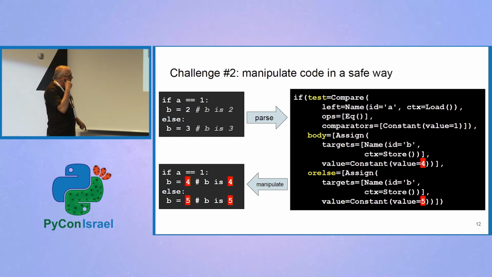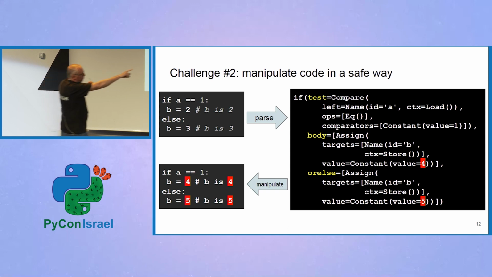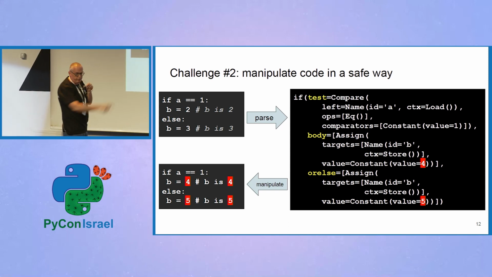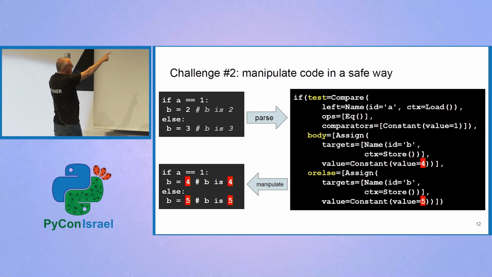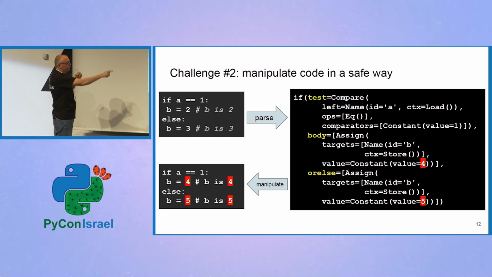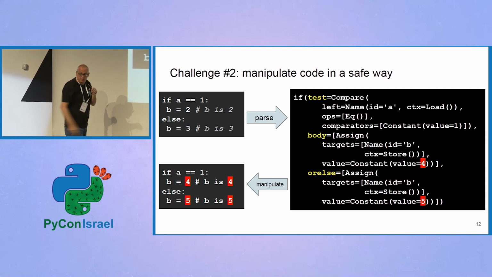And for that, for example, I give an example here. If you are taking the 4 and 5 and change the values there and translate back into source code, you will get a new program. It will be great if you can even change the comments, right?